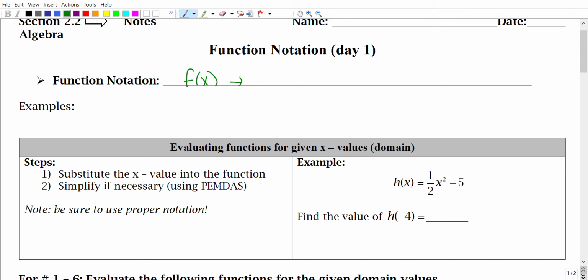This we say in words f of x. Another way of actually saying this is f is a function of x.